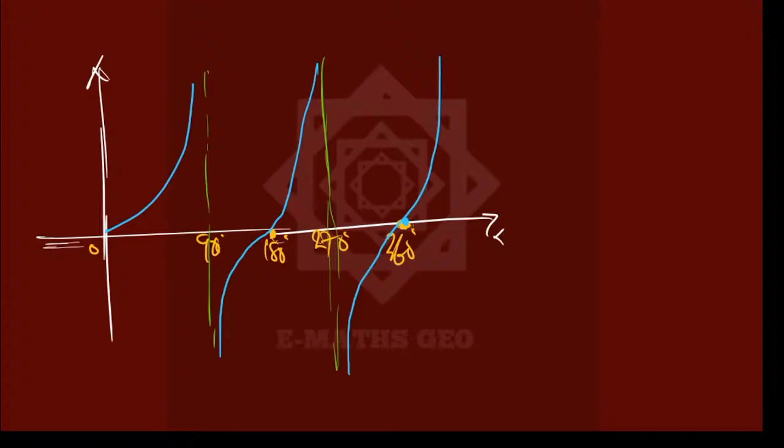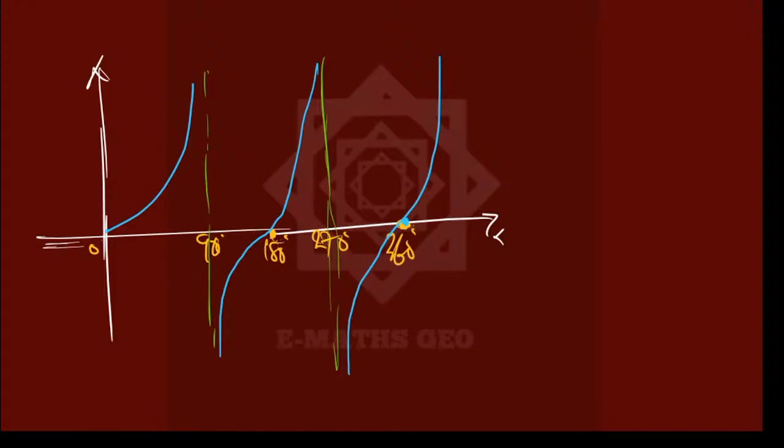So that's how it will look. Now, the reciprocal. So where is 0 now? Is 0 at 0, 180? So there will be a vertical asymptote. So the other way around, it's going to be a vertical asymptote.